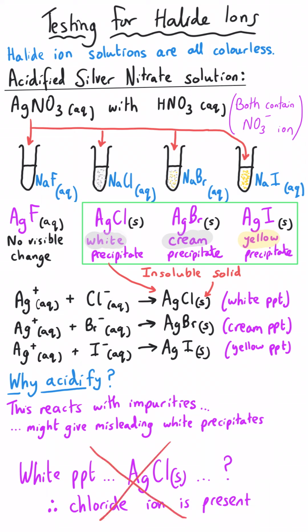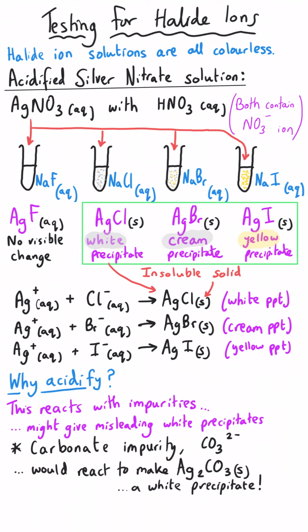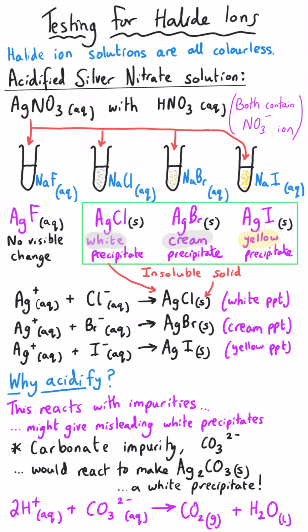The most common impurity is the carbonate ion, and what happens is the hydrogen ions from the nitric acid react with this carbonate ion and turn into carbon dioxide and water. And so if that impurity is present, you might see a small quantity of effervescence, but it's unlikely to be loads of this carbonate impurity being present. And so once the carbonate impurity has reacted, it won't be there to react with the silver, and so we can be confident that any white precipitate that we see is down to the presence of the chloride ion, not a different impurity.